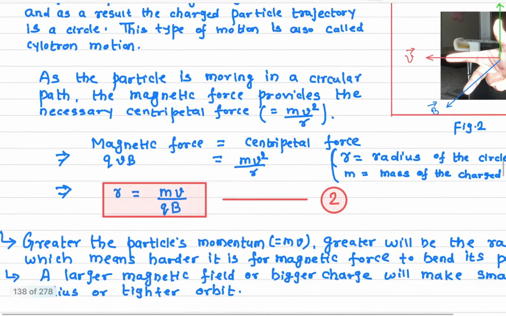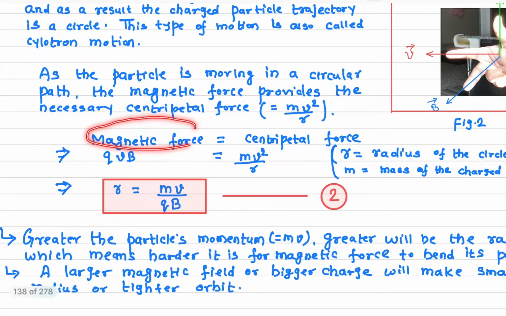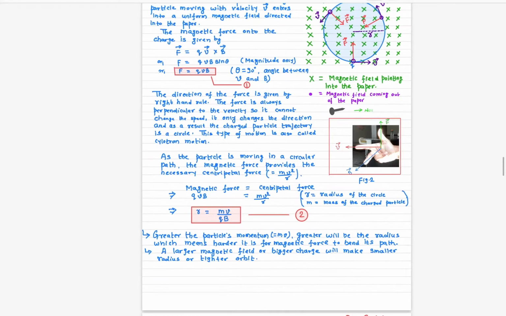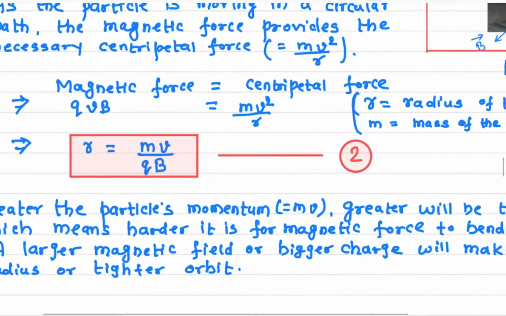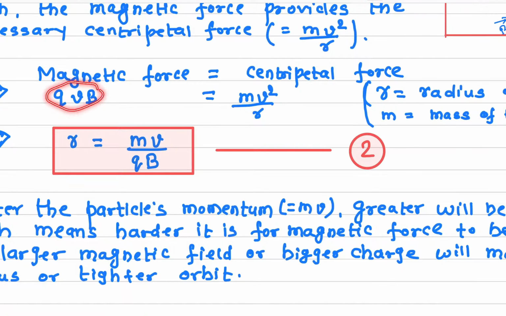So these two forces have to be equal. What is the magnetic force here? The magnetic force we just calculated is q v B. And we know the centripetal force is given by m v squared over r.